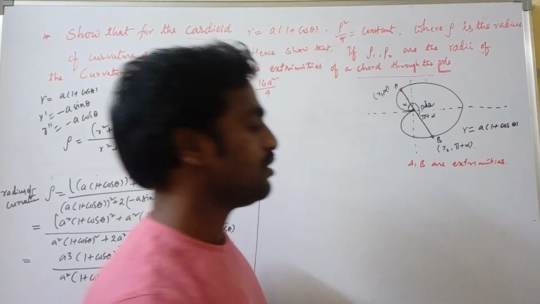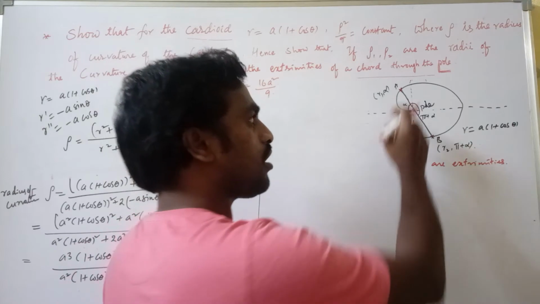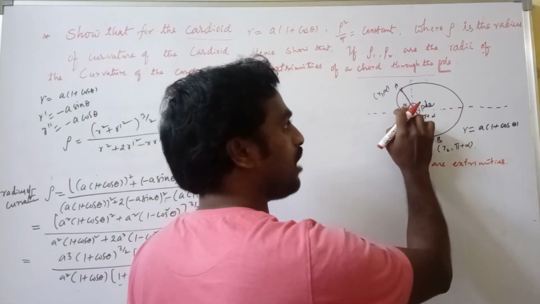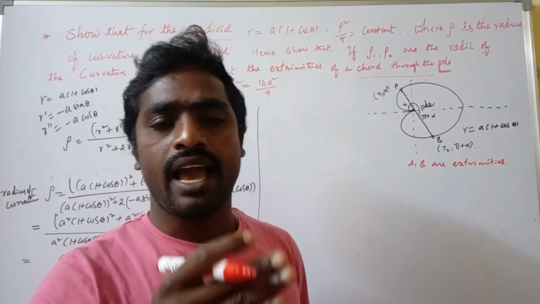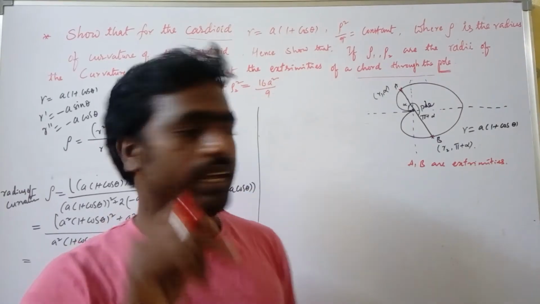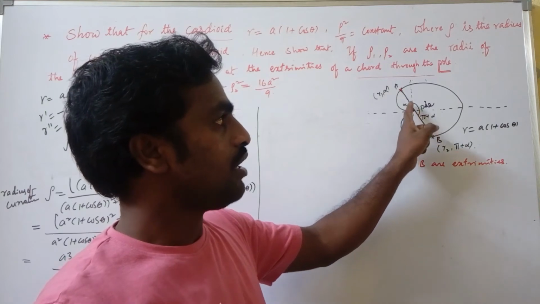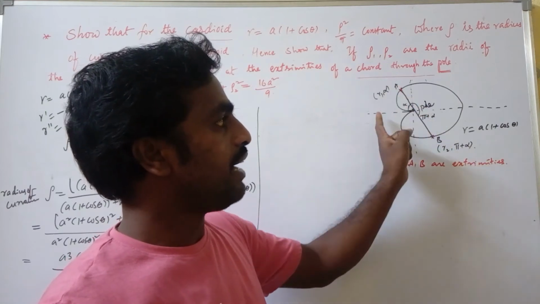Observe clearly, the chord makes an angle α with the x-axis at the pole. The pole is the intersection, and α is the angle between the chord and the x-axis.